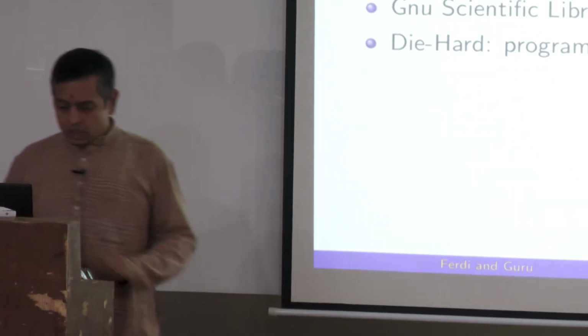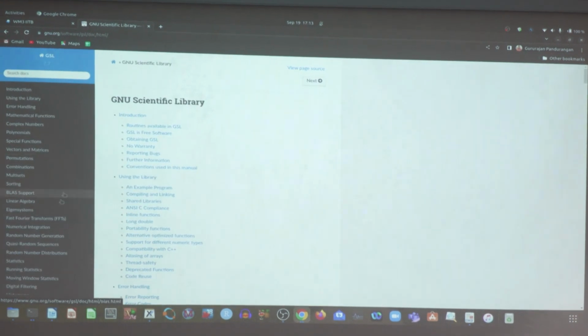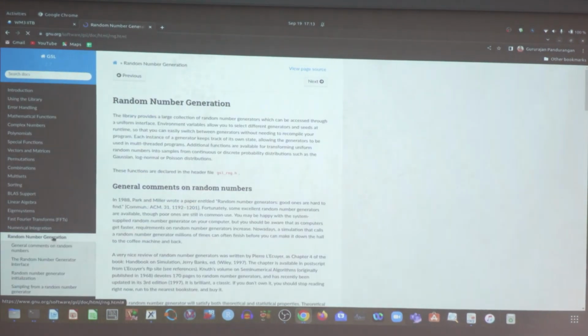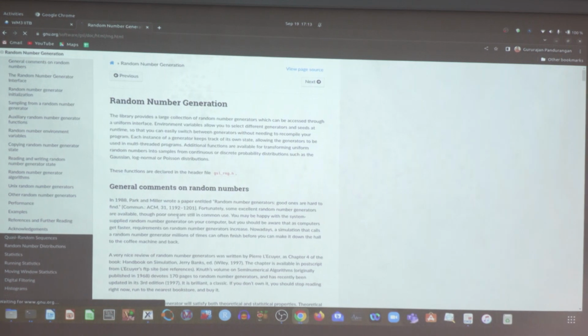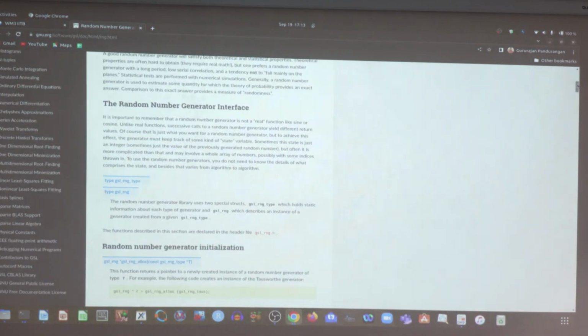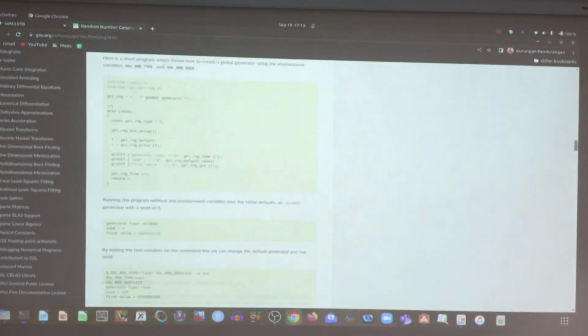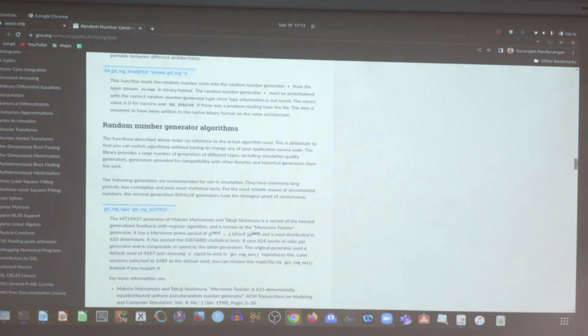If you go to the GNU Scientific Library manual, it is very beautiful, very interesting, very useful. They have some general comments on random numbers and so on, and then they say which ones to use for simulations if you are interested in statistics.